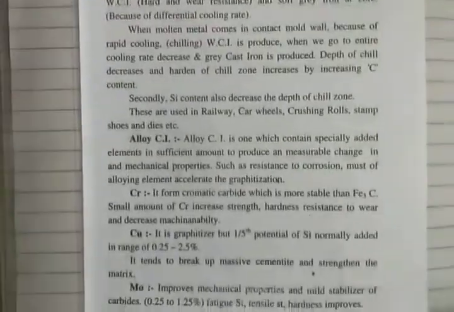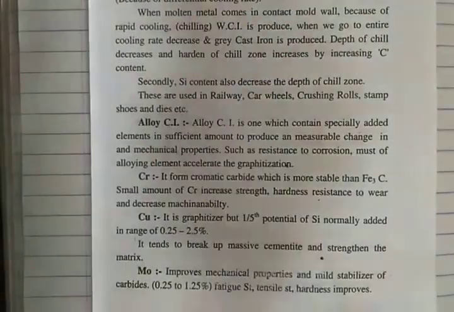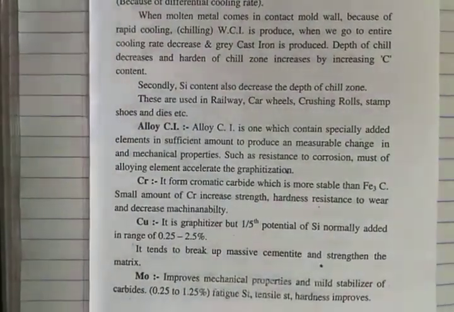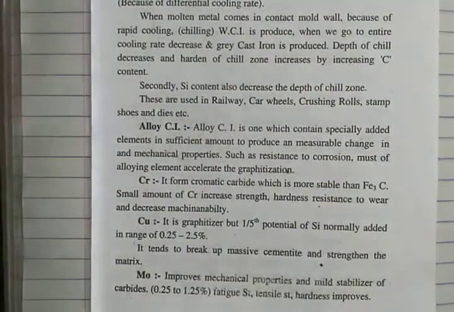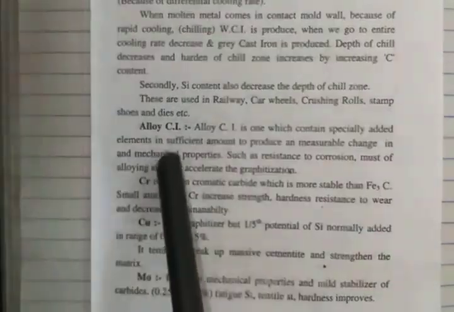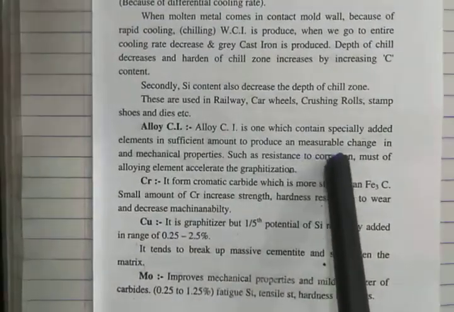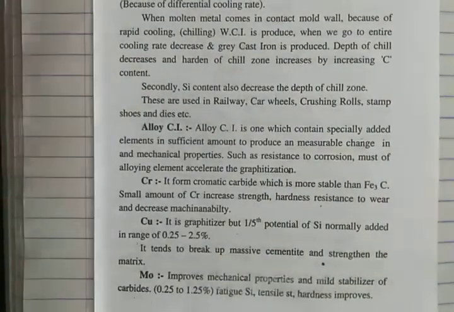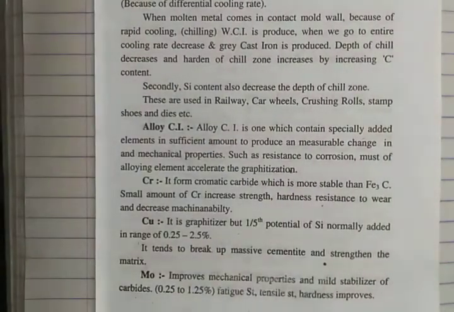Let us go to another part of the cast iron, and that is the alloy cast iron. The alloy cast iron is one which contains specially added elements in sufficient amounts to produce measurable changes in mechanical properties, such as resistance to corrosion.